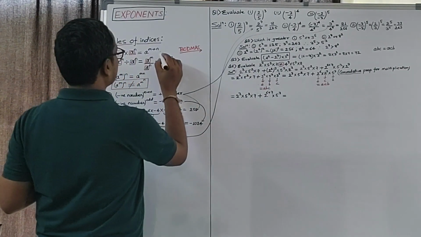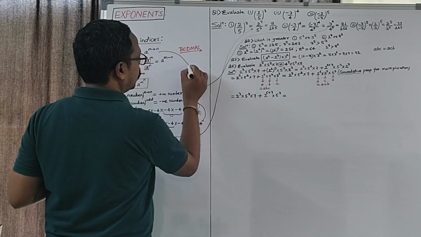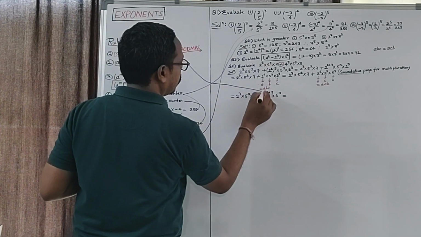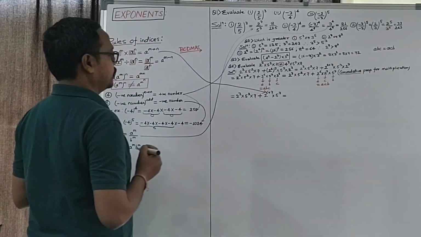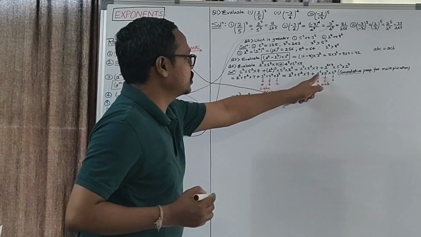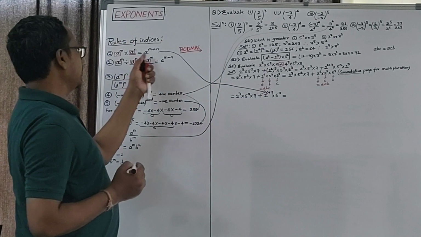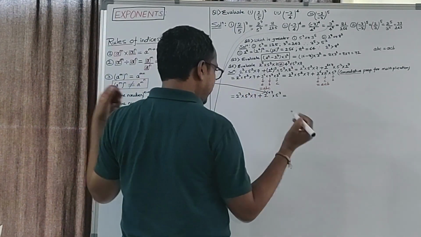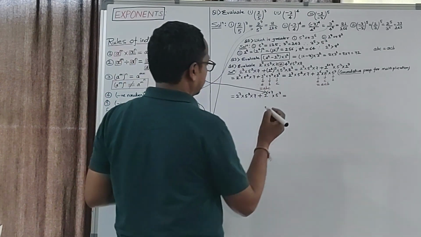This happened with the use of this rule of exponent. Base is same, so you can combine their indices. We have added their exponents in different ways, you can see.